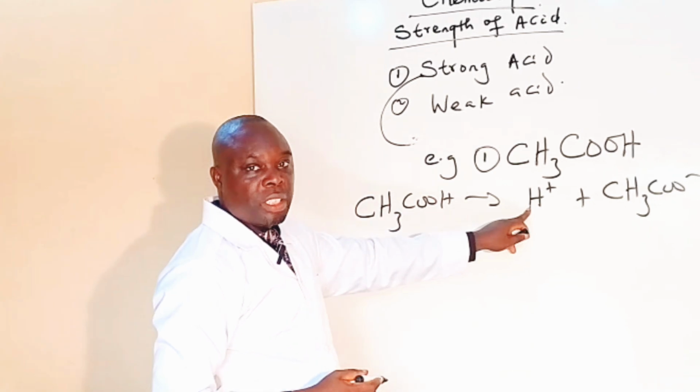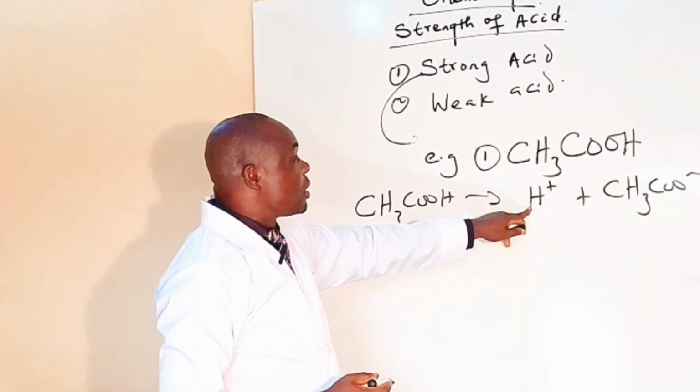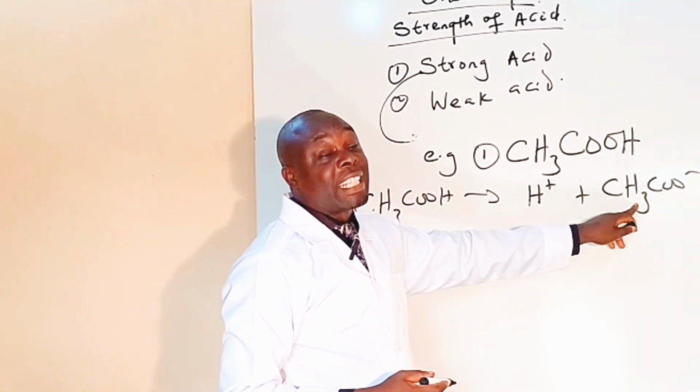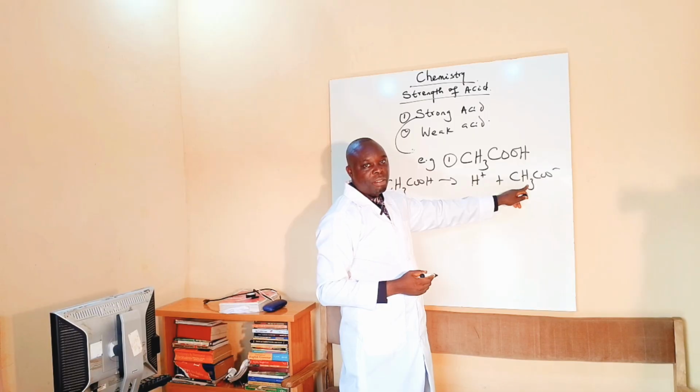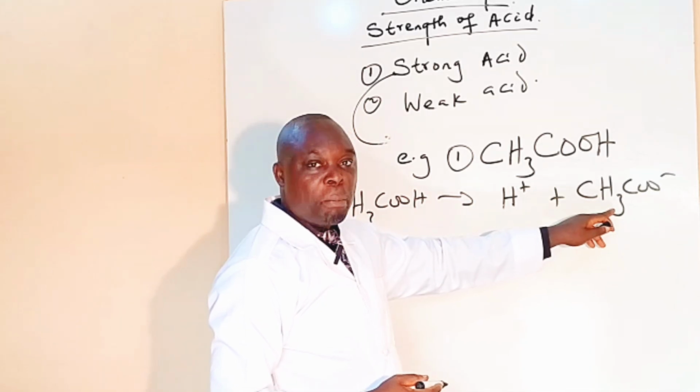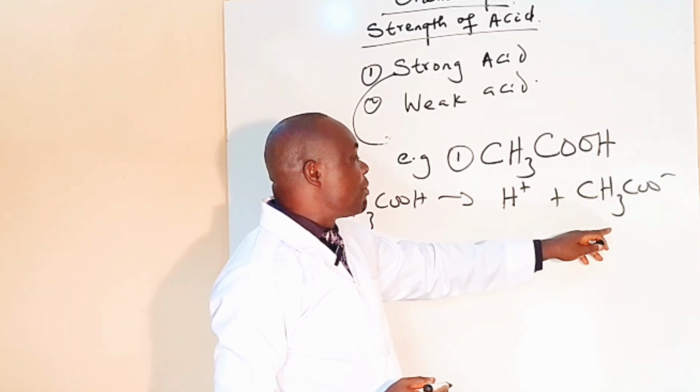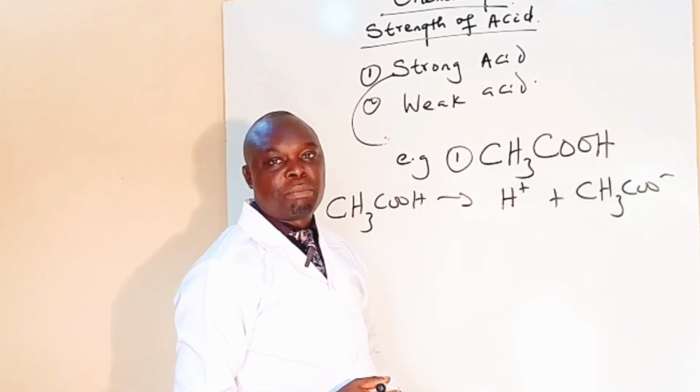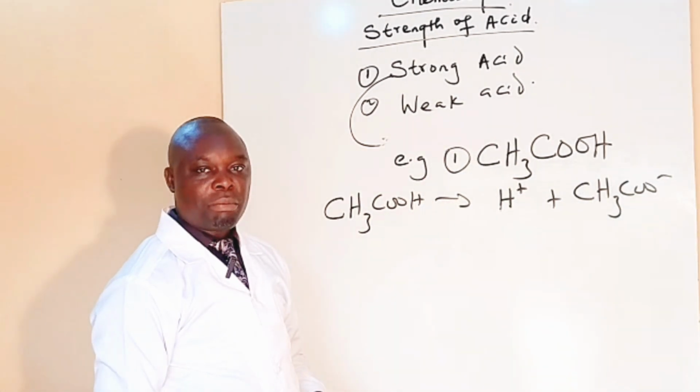This is the hydrogen ion it produces. So some hydrogen are also attached to the ethanoate ion. It means there is incomplete dissociation of hydrogen ion from this. So it is a weak acid.